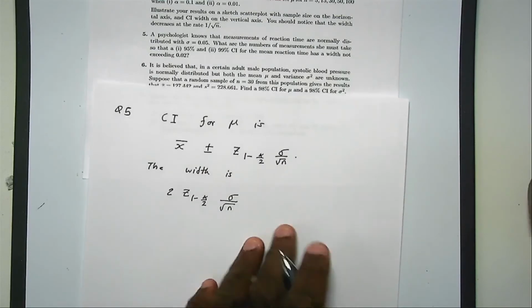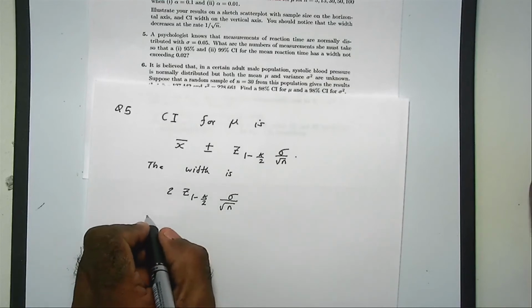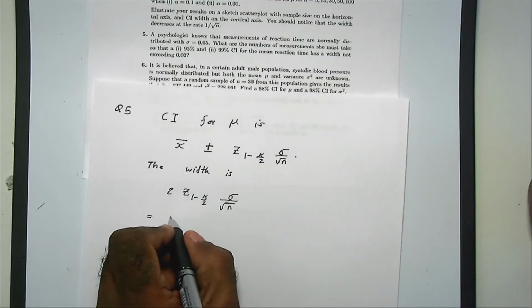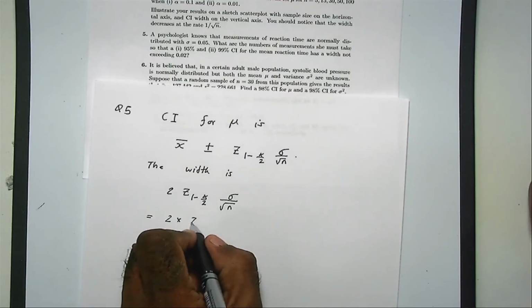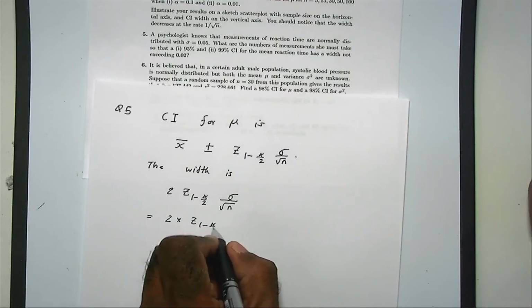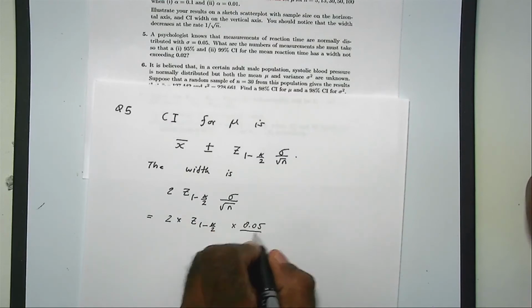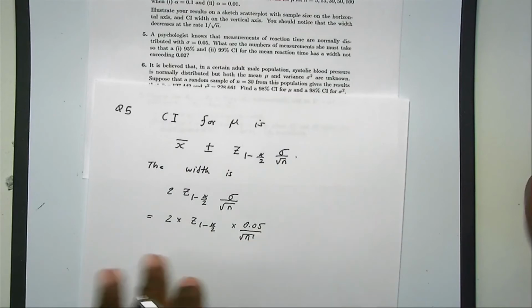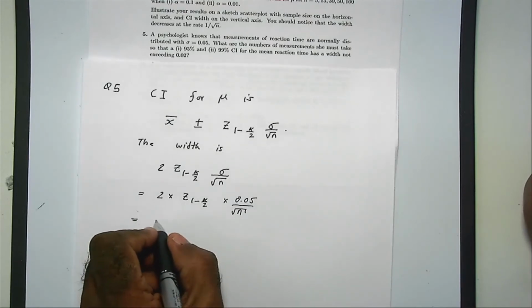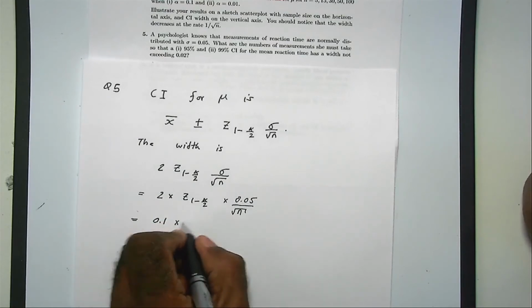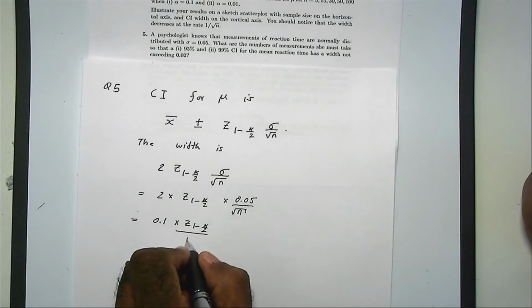Right, now we are told that sigma is equal to 0.05, so this is going to be 2 times this, okay, which is equal to 0.1.